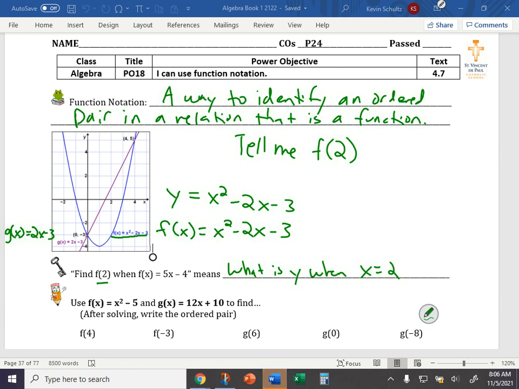What is y when x equals 2? And because I use this f of 2, which equation am I talking about here? The f of x equation, or this parabola here.